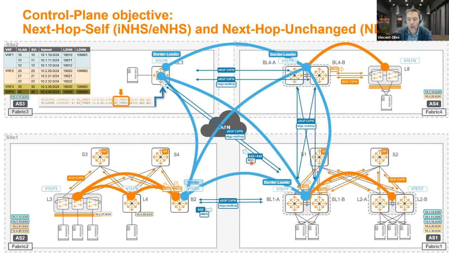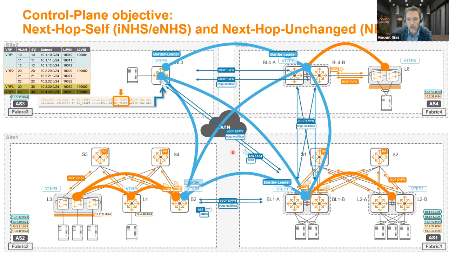This is not natural, not the nominal behavior of external BGP, to maintain the next hop. So what we want is to maintain the next hop for AS2 and AS4. So any routes learned through that eBGP session from Fabric 4 and Fabric 2 to Fabric 1 will be forwarded as well to Fabric 3. So for AS2 and AS4, we do not want to touch the next hop.